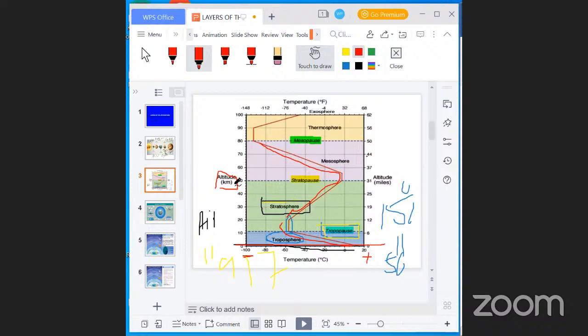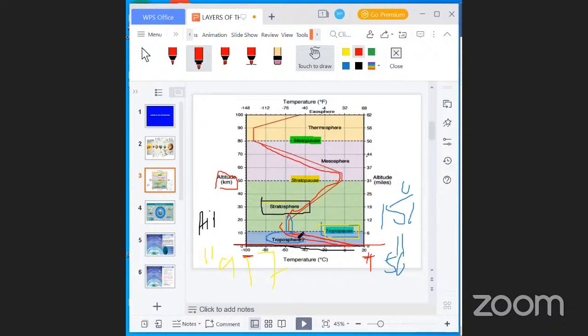What happens to the temperature with altitude? You look at this particular place, it is the troposphere. The temperature goes from positive to negative.